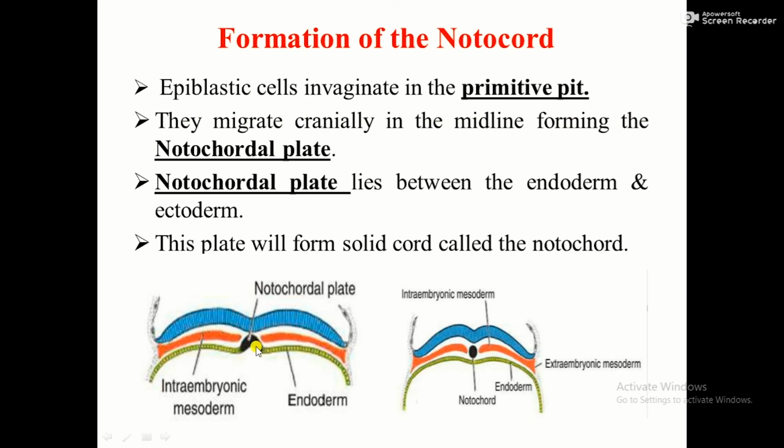During the formation of the notochord, the epiblast cells migrate to the primitive pit, and they will form a plate. We call this plate the notochordal plate. The notochordal plate will be located between the endoderm and the ectoderm.